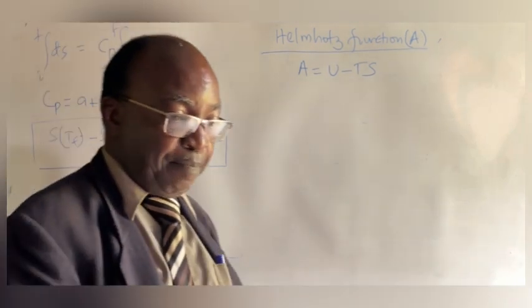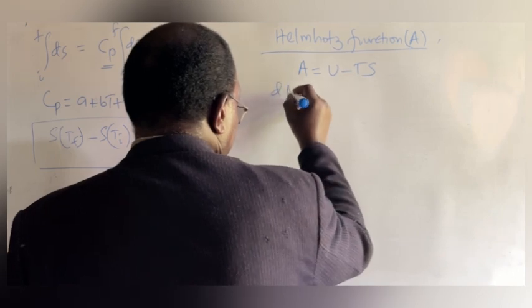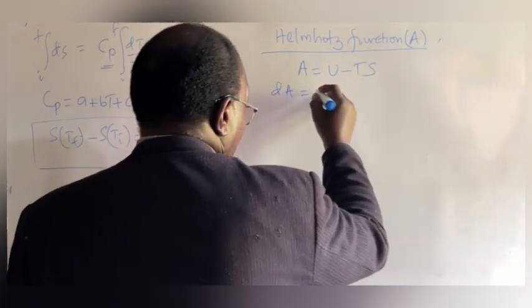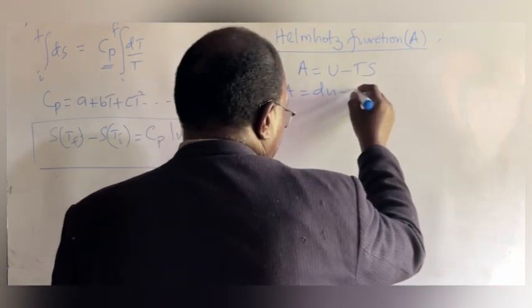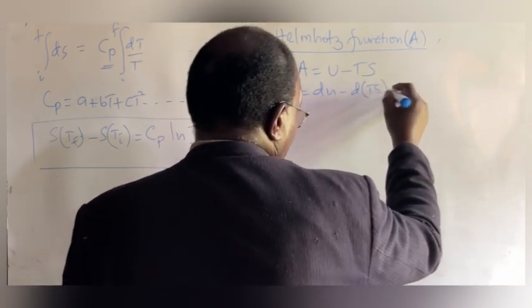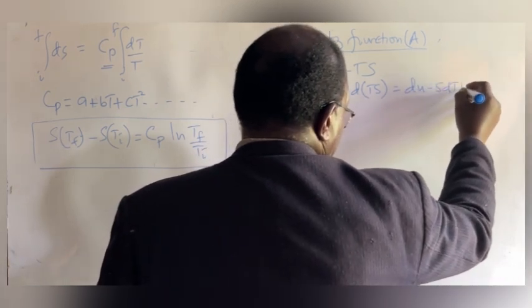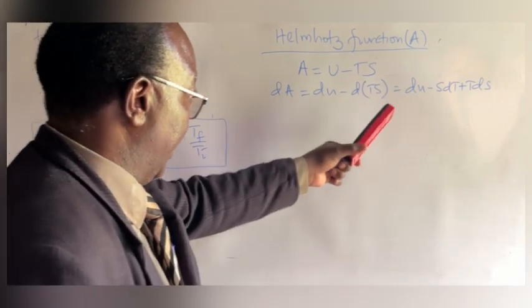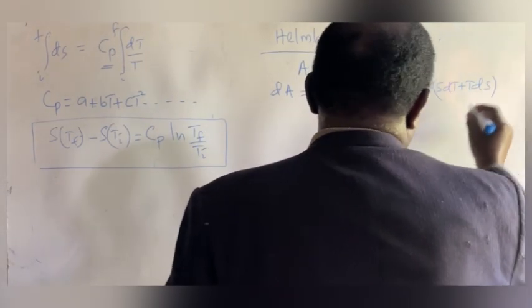So again, if we perform a mathematical operation on this Helmholtz function, the change in the Helmholtz function, we get it using the product rule from d of TS. And that, of course, is dU minus S dT plus T dS.